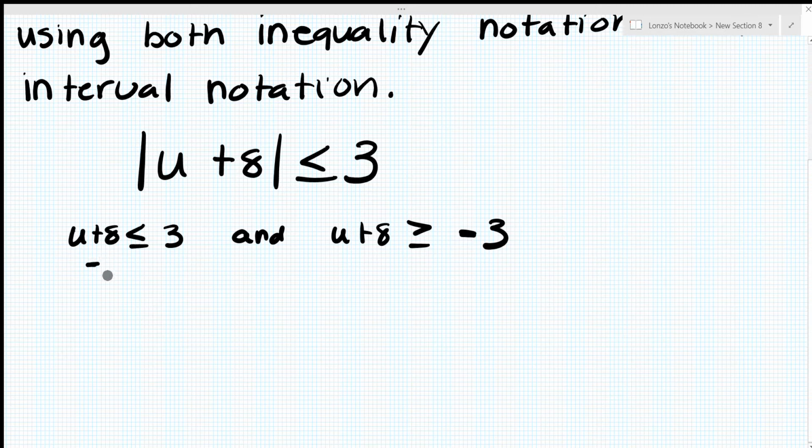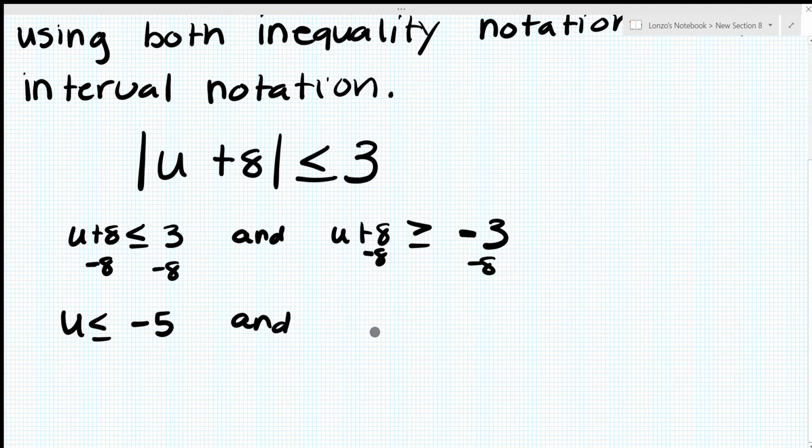So we subtract 8 from here. u is less than or equal to negative 3 minus 8, which is negative 5. And let's solve for u here. So we're going to subtract 8 from both sides. So you get u is greater than or equal to negative 3 minus 8, which is negative 11.